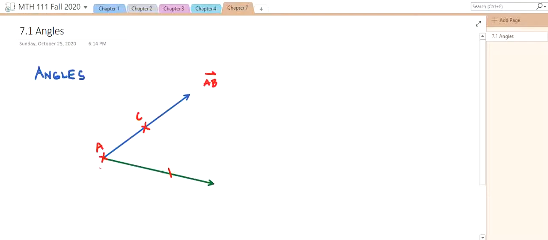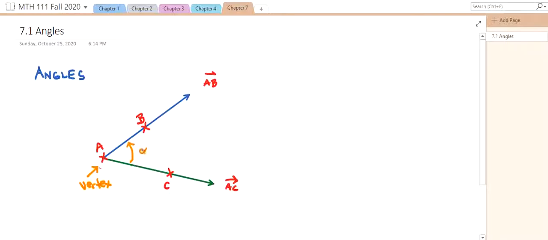I called it B, but I labeled it C. Let's call this one C, and we'll just change the label up here because this was supposed to be B. So now we have ray AC, and if we start at the same place, we can call this a vertex, and these two lines create some angle between them.